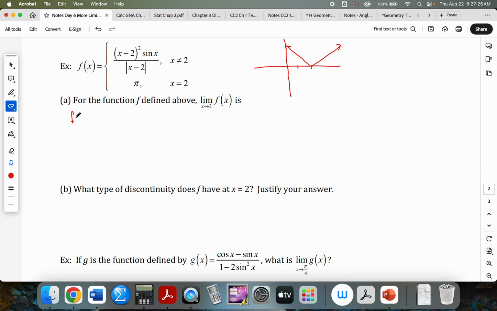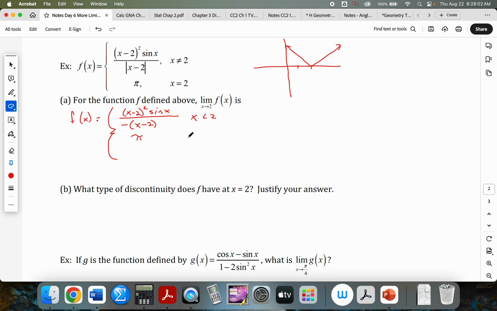So I think it's helpful to rewrite this as a 3-part piecewise function. So if x is less than 2, this is going to be x minus 2 quantity squared times sine of x, over the opposite of parentheses x minus 2, for x less than 2.